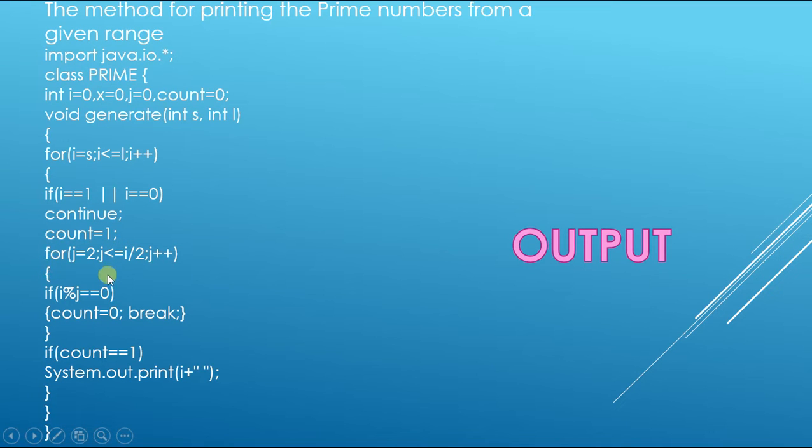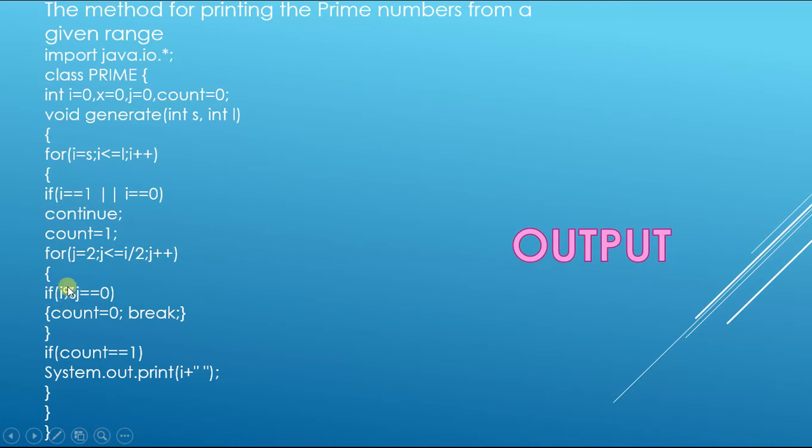Now the scenario arises that when I go to half of the number and try to divide that number by 2, or by i, whichever comes in from here, you try to find the remainder.